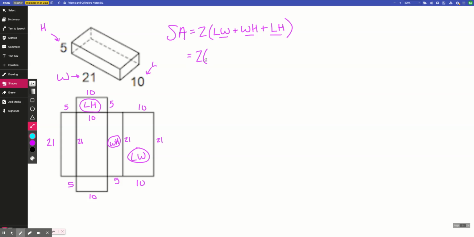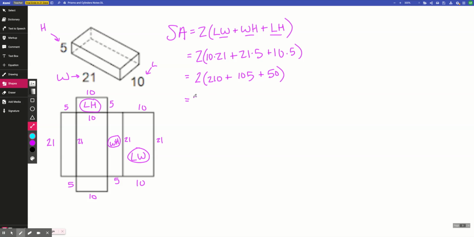So I have 2 times length times width is 10 times 21, okay, plus width times height is 21 times 5, plus, and then length times height is 10 times 5. Okay, so I'm going to simplify inside the parentheses. So 21 times 10 is 210, plus 21 times 5 is 105, plus, and then 10 times 5 is 50.